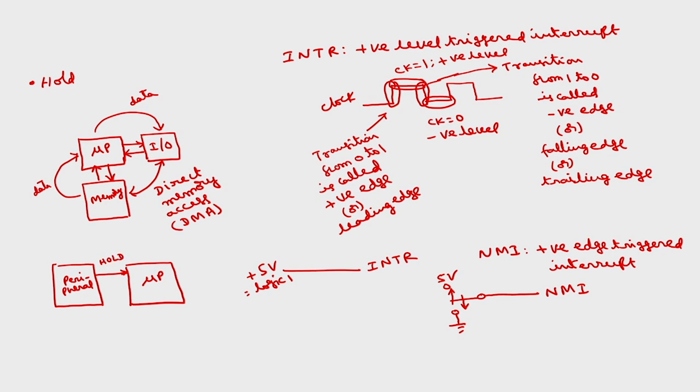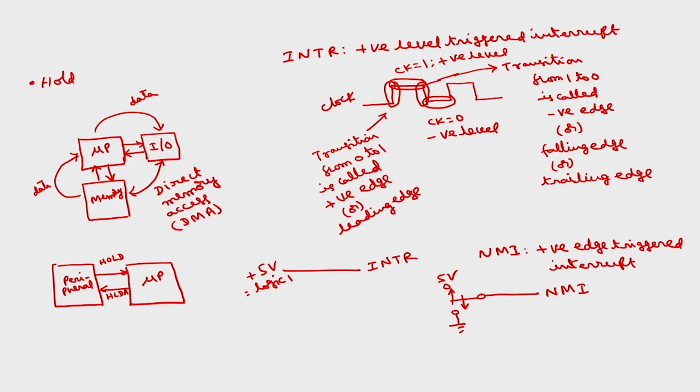The hold signal is a request for the microprocessor to hand over the control of address and data buses to the peripheral for a DMA data transfer. Whenever the microprocessor is ready to give up the address and data buses, it will acknowledge through the hold acknowledge signal, HLDA. This is hold and this is hold acknowledge, HLDA.